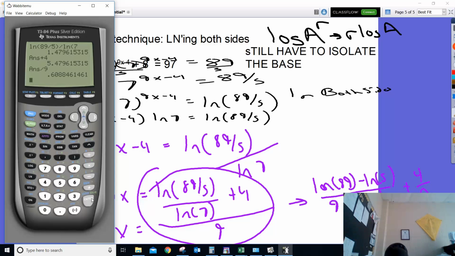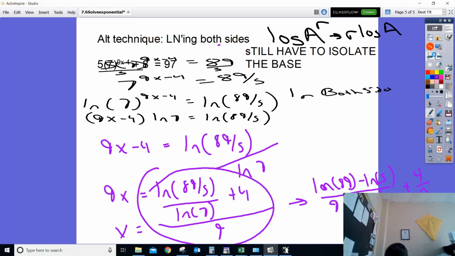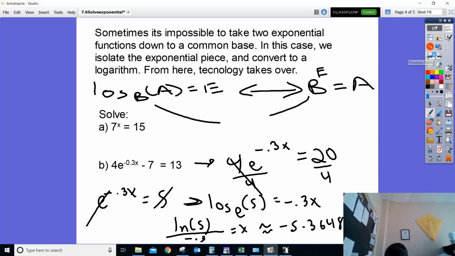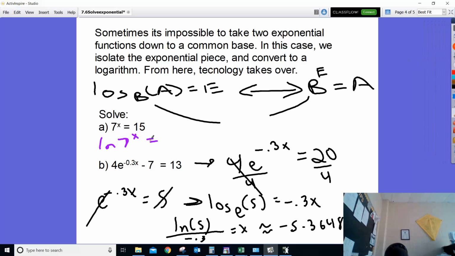Now, the natural log technique, this was a bad example to show you how easy it was, so I'm gonna do one more with it, if I got time. I'll show you how good it is on some things. This thing right here, 7 to the x equals 15. You natural log both sides. This thing has 2 more steps, and it's done.